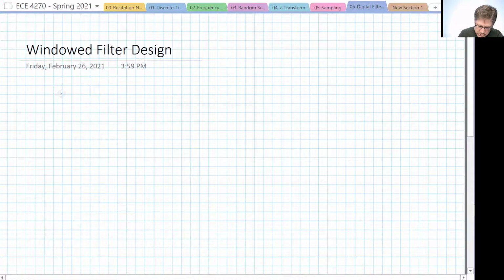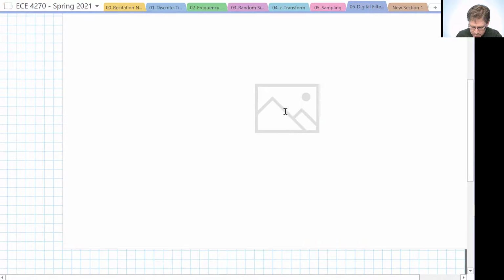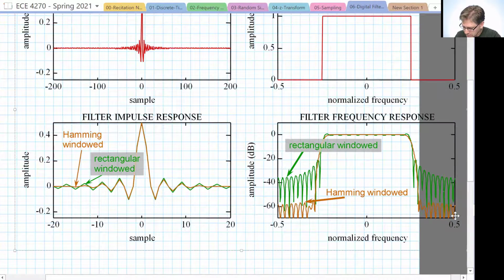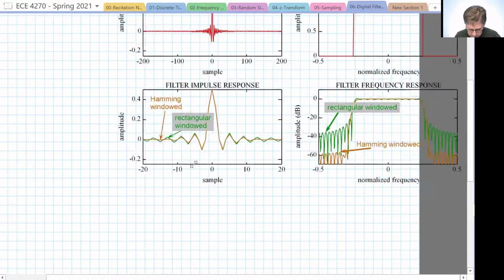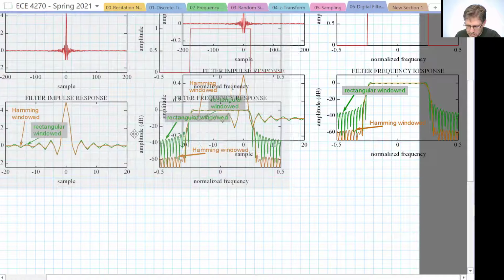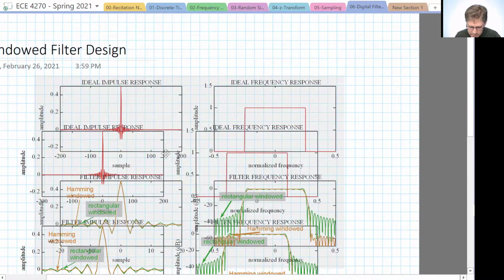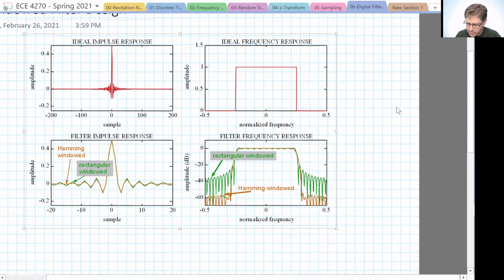So here's some comparison of an actual design and how things work out. Okay, here we go.